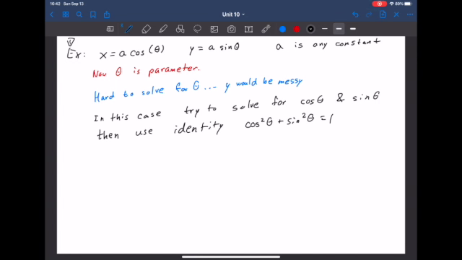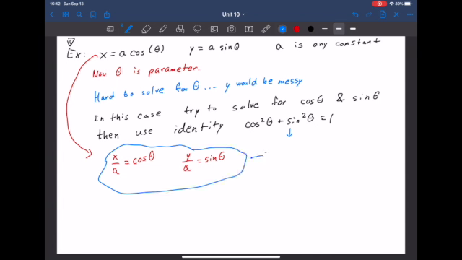Okay. So what will this look like? I'd have x over a equals cosine theta, y over a equals sine theta. And if I substitute them into my identity, I'd have x over a squared.